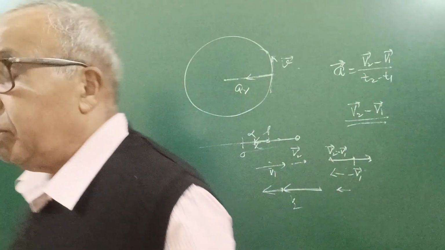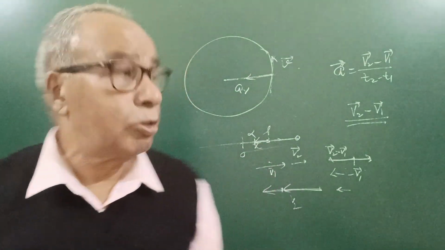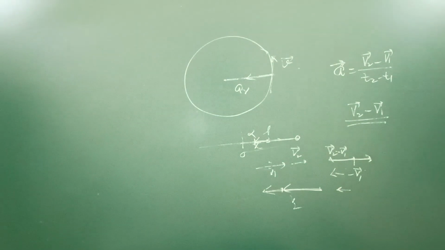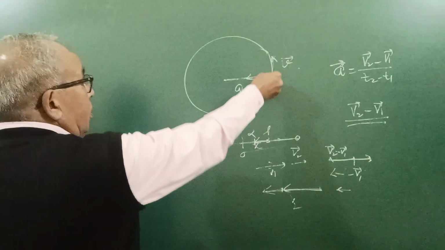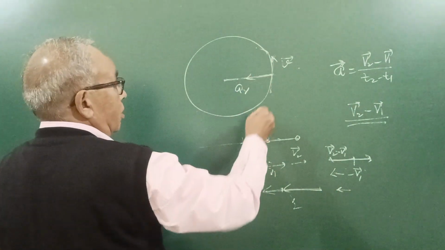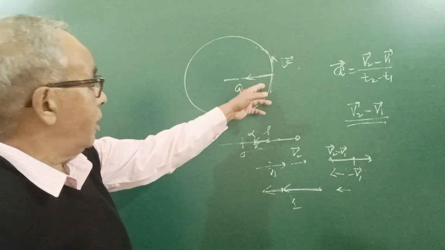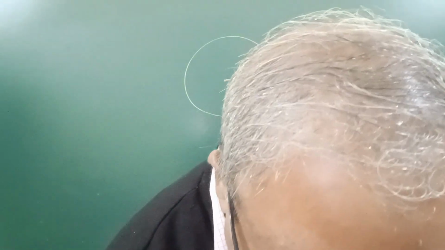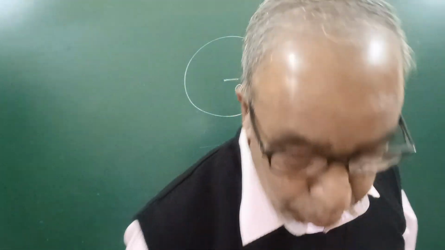Maybe along velocity, maybe opposite, maybe at any other angle. अगर ये speed constant ना हो, if the magnitude of velocity keeps changing, then along with radial acceleration we will have tangential acceleration. Then direction will be at any other angle also.